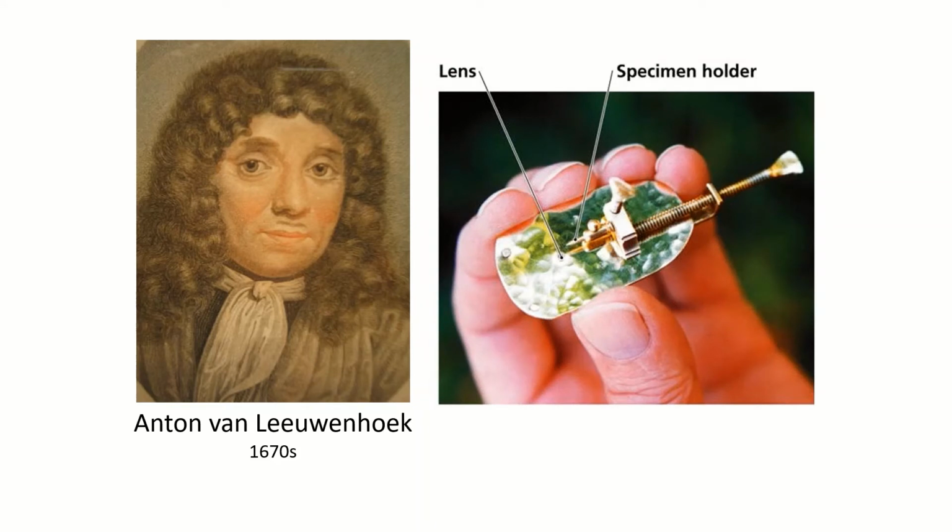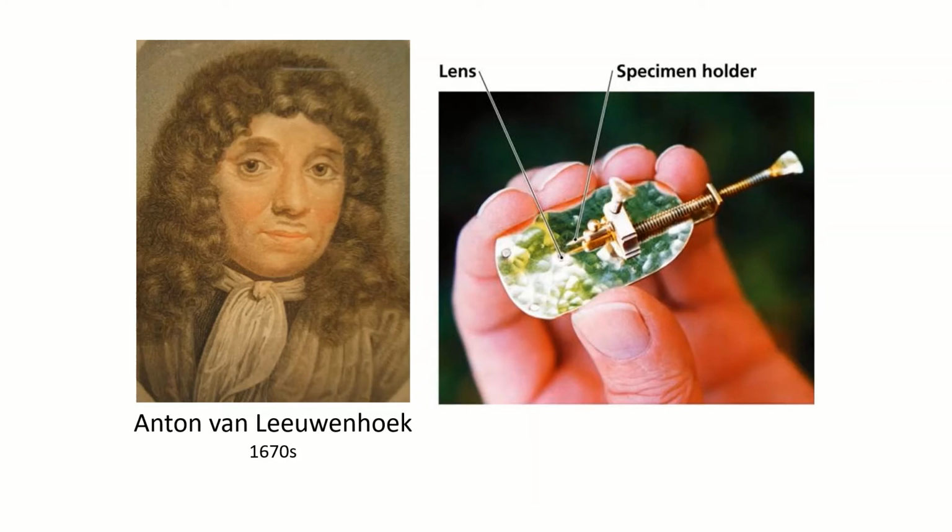So we can see here a picture of Leeuwenhoek's microscope. This is one of his models, and it looks very different from our view of what a microscope is. So there is a lens, which is hardly covering a hole on a metal plate.